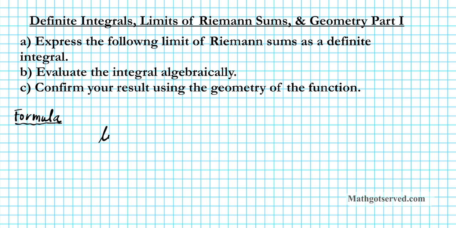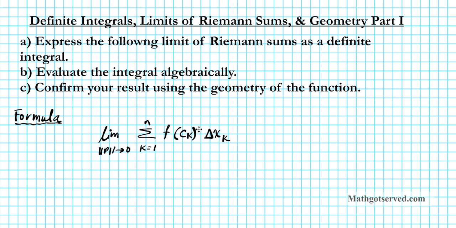So the limit as the norm of the partition approaches 0 of the discrete sum from k equals 1 to n of the function f(c sub k), where c sub k will be our independent variable here, times delta x sub k.